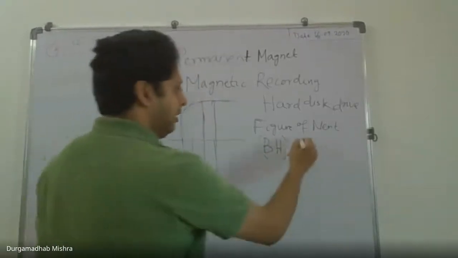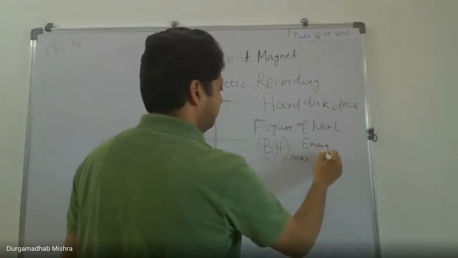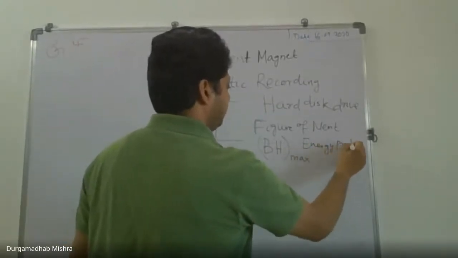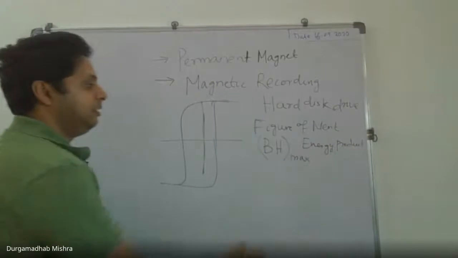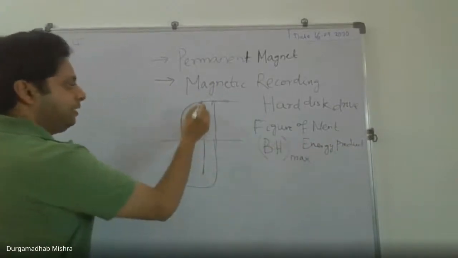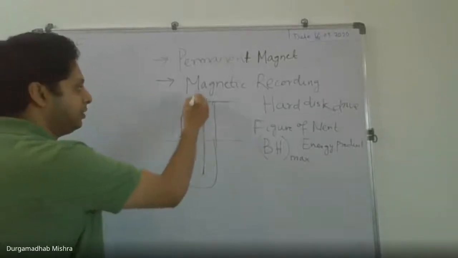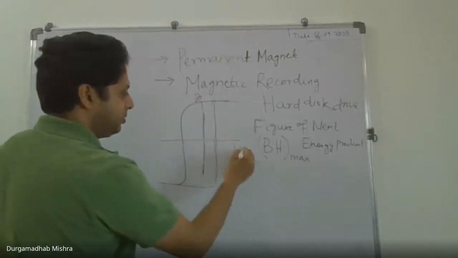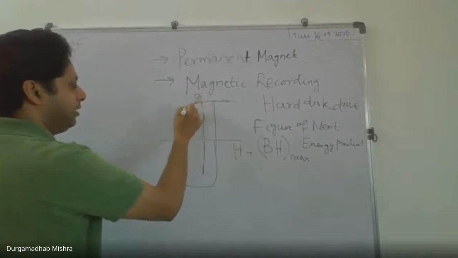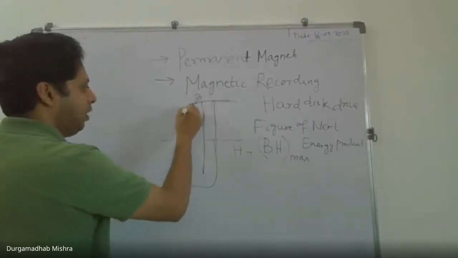Okay, this is the energy product. Typically this energy product is measured in the second quadrant. So this is my B axis and this is my H axis. So this is measured in this quadrant, the second quadrant.